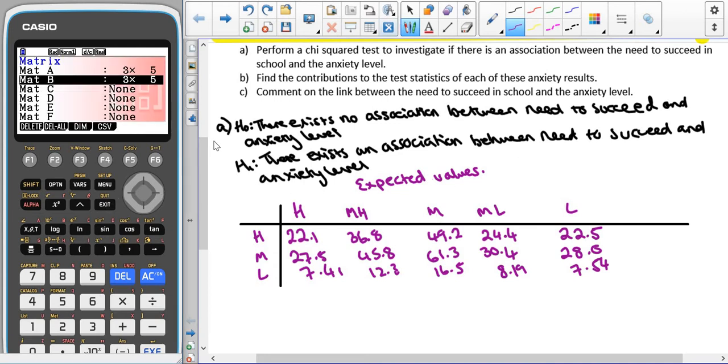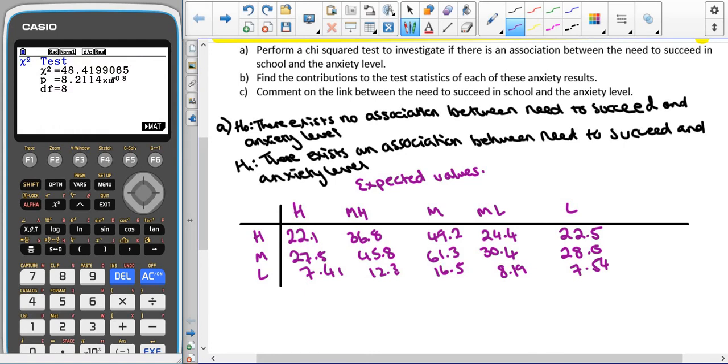So now I can click exit, and now I can write down this information here. So our chi-squared is 48.4, which is our test statistic. Our degrees of freedom is 8, just reading it off the screen here.